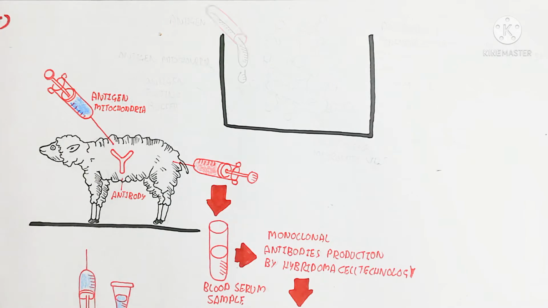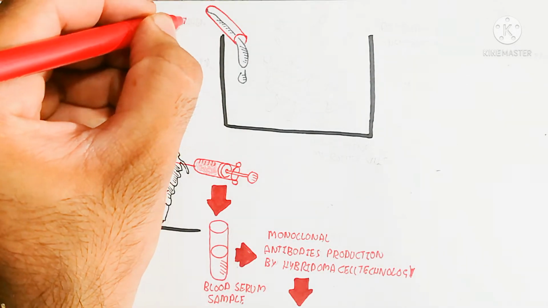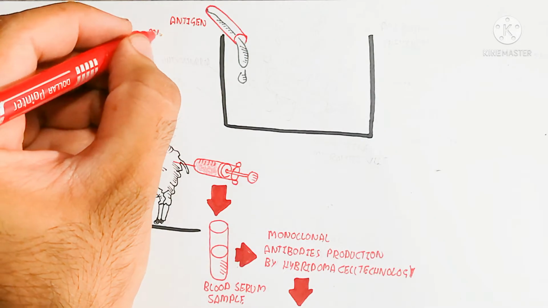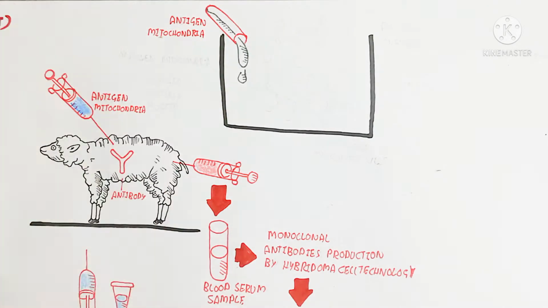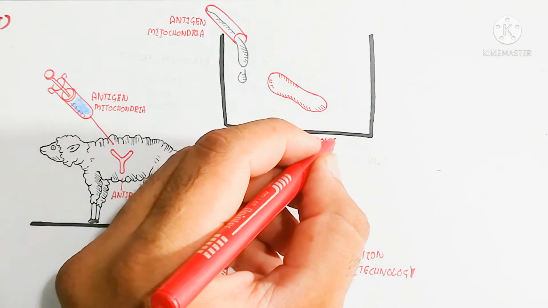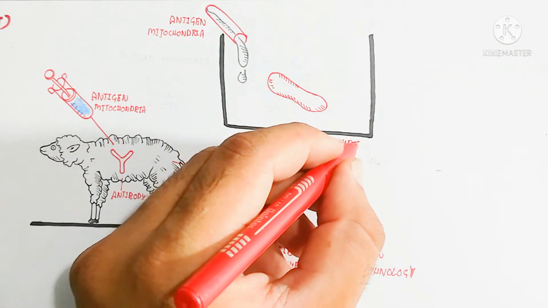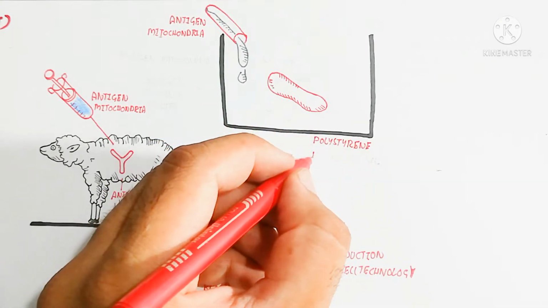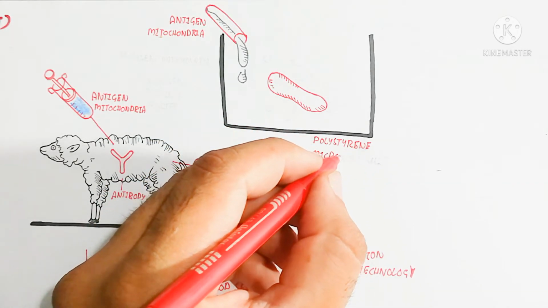The important thing is that we put the antigen, the mitochondria, into the culture media or whatever we are using. So the antigen mitochondria are present here. The antigen-antibody complex is coated on the mitochondria, and a buffer is basically used for retaining that antibody-antigen complex.